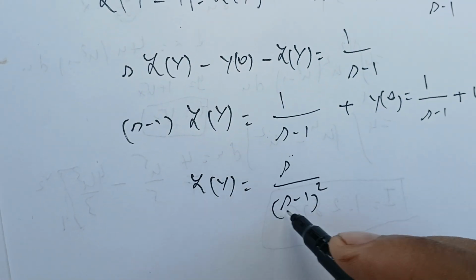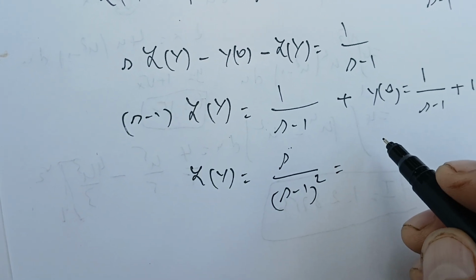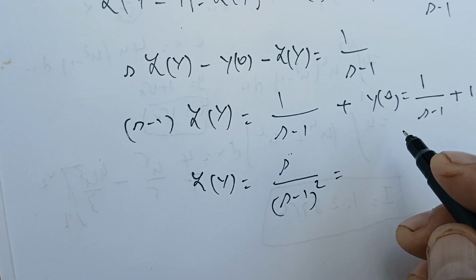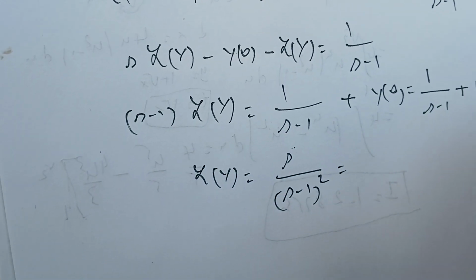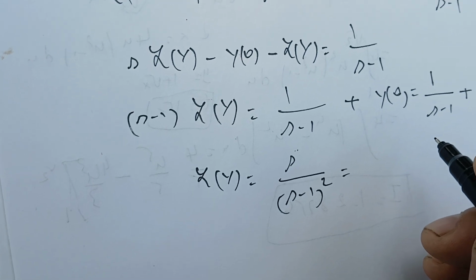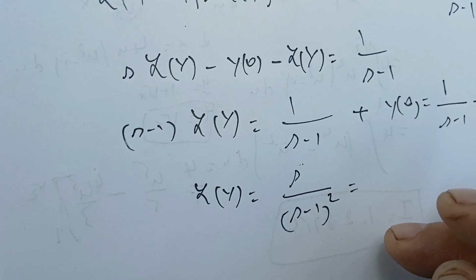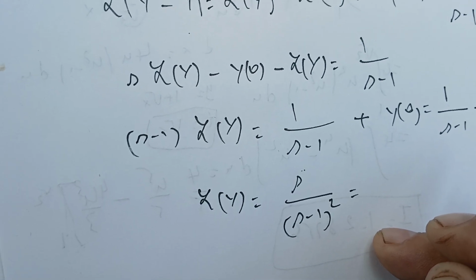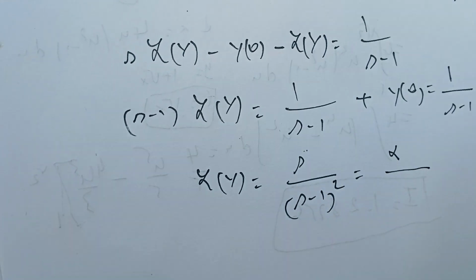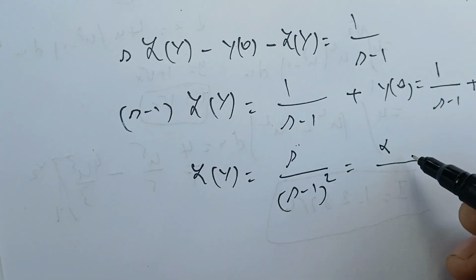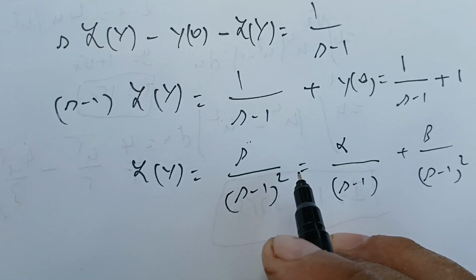So the first thing that we're going to do, we're going to decompose this one here. To be precise, note that in this case, we can write this one as some alpha over s minus 1 plus beta over s minus 1 squared.